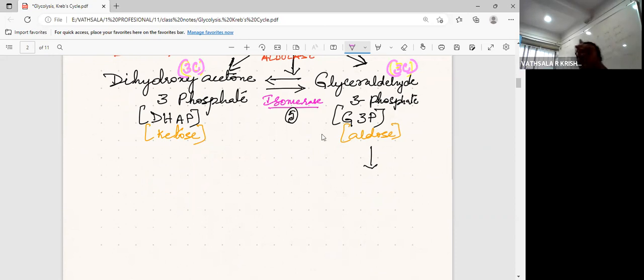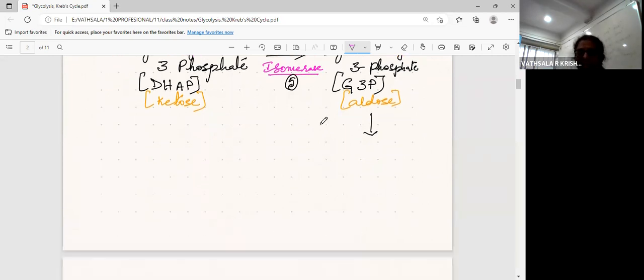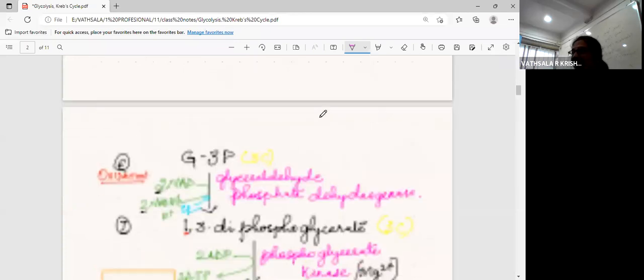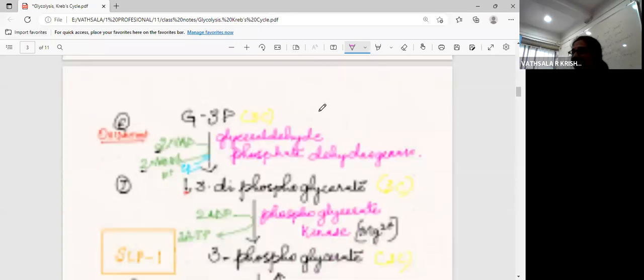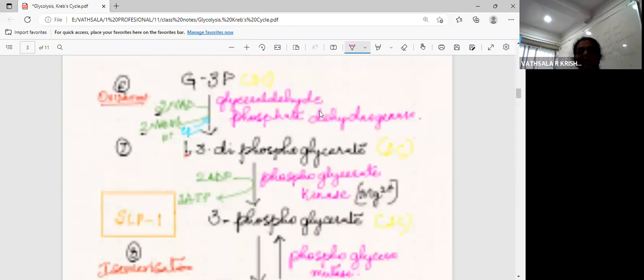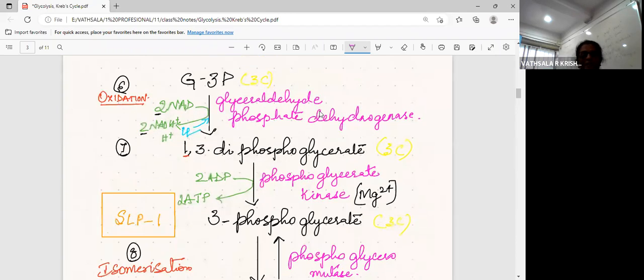So fructose 1,6-bisphosphate is cleaved to form 2 molecules of triose. Which is the triose? Glyceraldehyde 3-phosphate. It's an aldose, aldehyde. This glyceraldehyde 3-phosphate is a 3-carbon compound, and it undergoes oxidation. What is oxidized here?